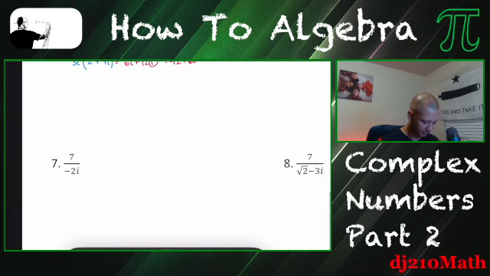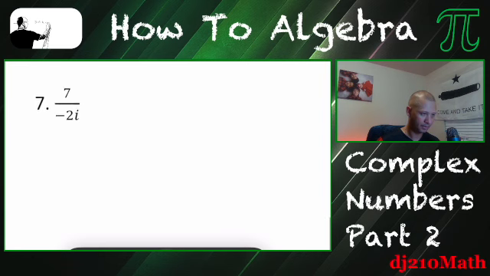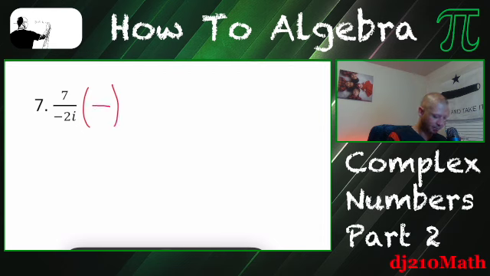All right, number 7. So I can demonstrate right here. So if we just did i, right, it's a single imaginary number in the bottom. So first off, the conjugate would be 2i, right? But we know that i squared is just negative 1.